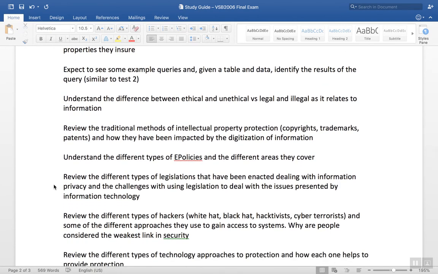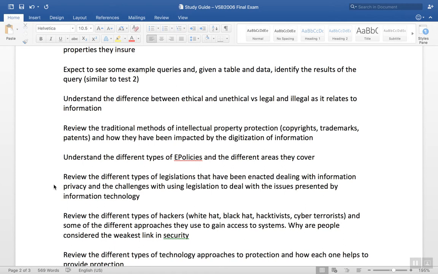You want to go back and look at the different types of legislation. We talked about some of the legal stuff, things like Sarbanes-Oxley, HIPAA for medical, and some of the older ones as well, and some of the issues involved with that. The challenge is that technology moves much faster than legislation.